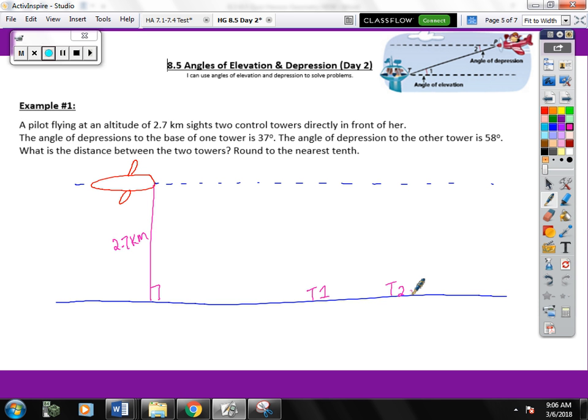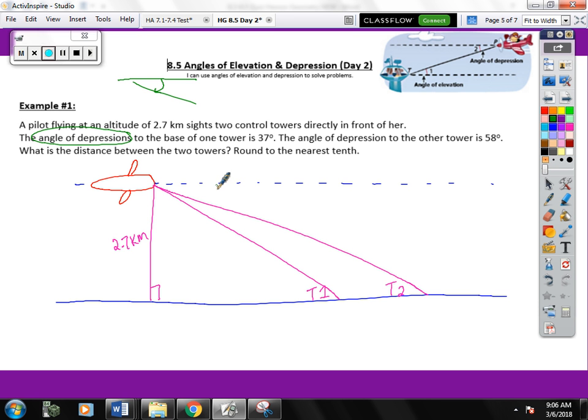The angle of depression to the base of one tower is 37. The angle of depression to the other tower is 58. So let's go ahead and draw in lines connecting to tower 1 and tower 2. Now this is where some of you will struggle to know where to put what angle. Well, remember, an angle of depression goes from a horizontal down to a line of sight.